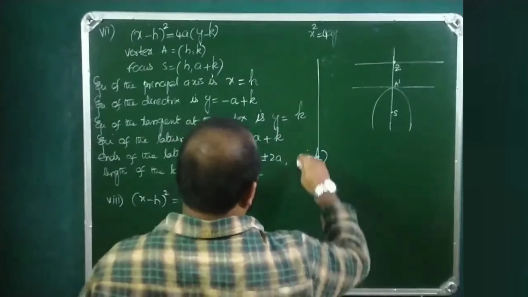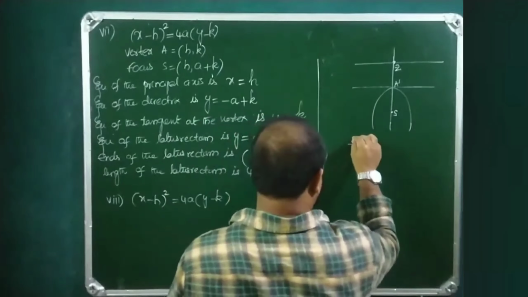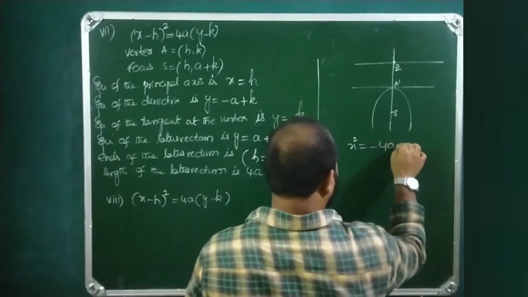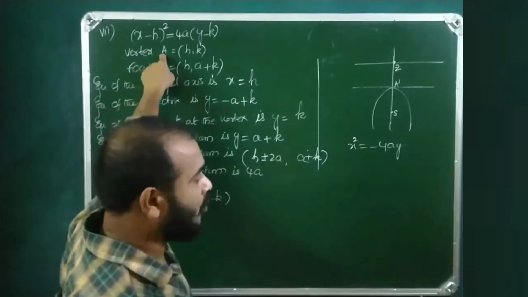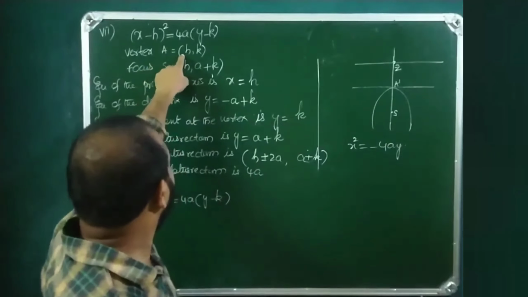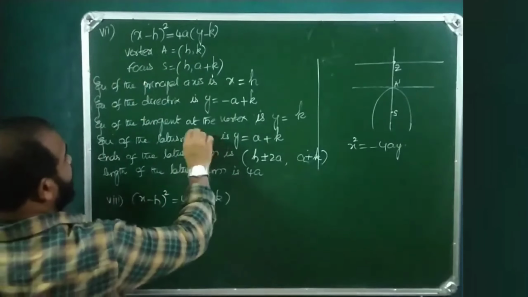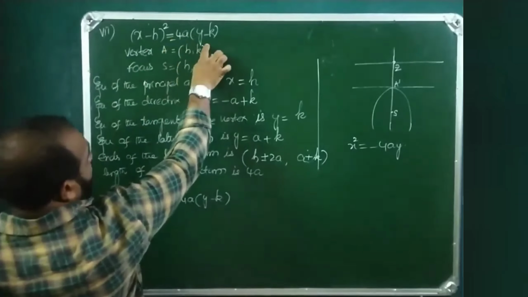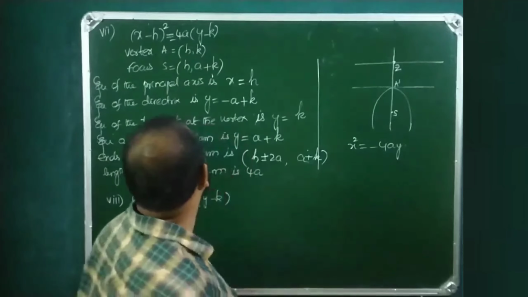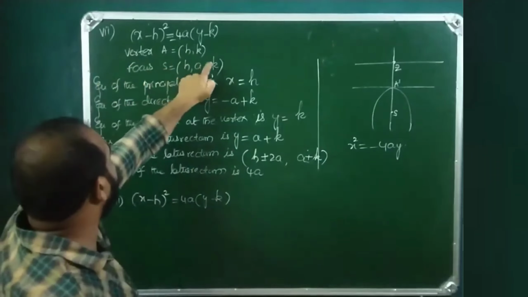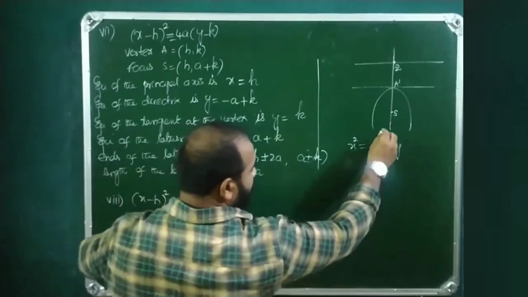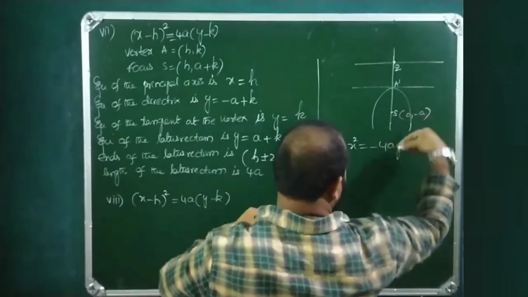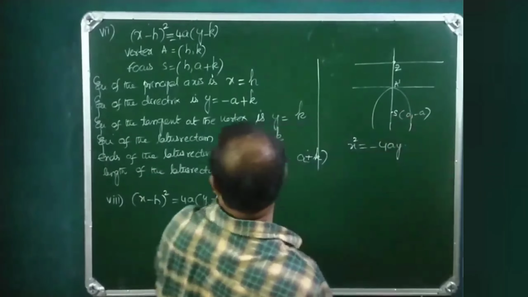For x squared equals minus 4ay, what is the vertex? 0, 0 here. Now we are discussing minus 4a into y minus k, which is to be compared with this. So vertex A dash is h comma k. The focus for this is 0 comma minus a, so h comma minus a plus k.